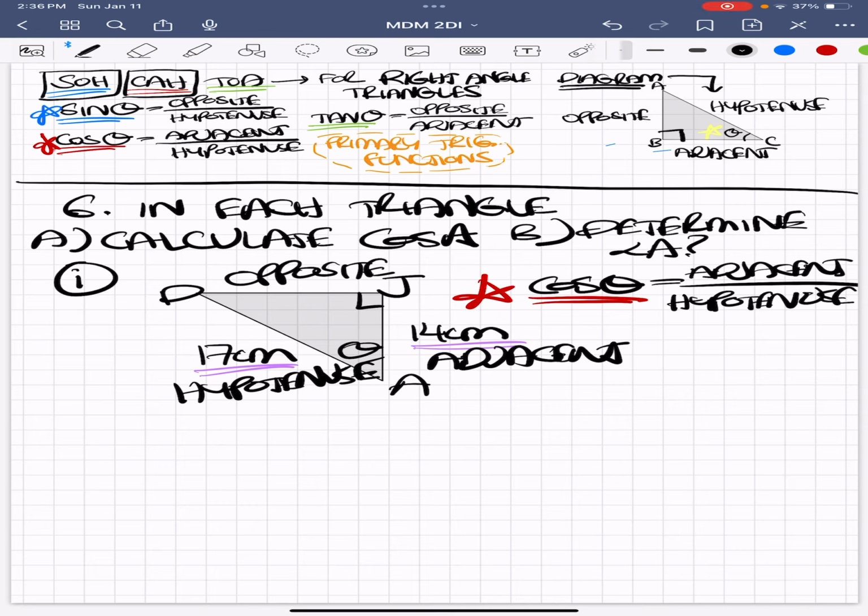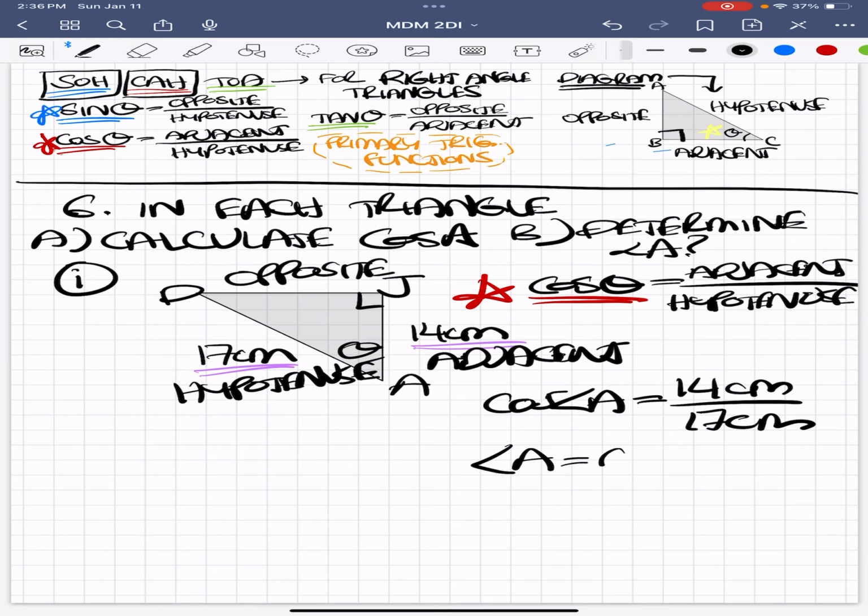And so cos theta equals adjacent over hypotenuse. So we are going to put cos angle A and put in our values for the adjacent side and then the hypotenuse side. Angle A equals the inverse function of cos with the fraction 14/17.